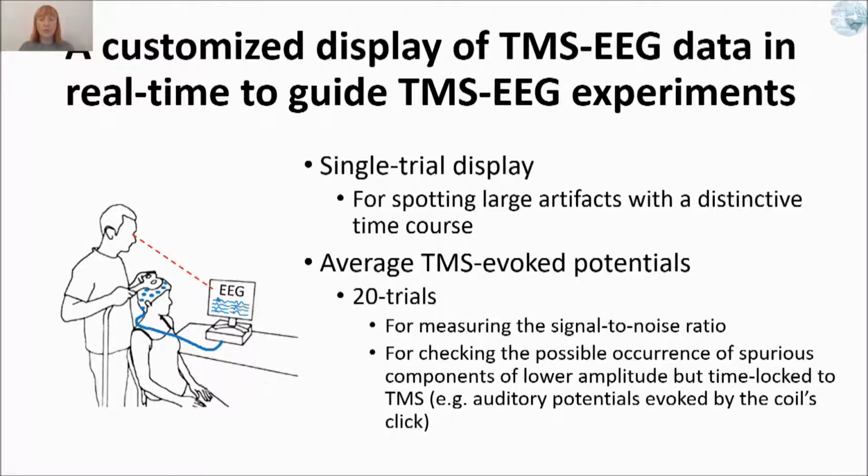These components usually are low in amplitude but time-locked to TMS, and thus may arise only after averaging a few trials. This is, for example, the case of auditory potentials evoked by the coil's click, which may appear when masking procedures are not properly applied during TMS EEG recordings.